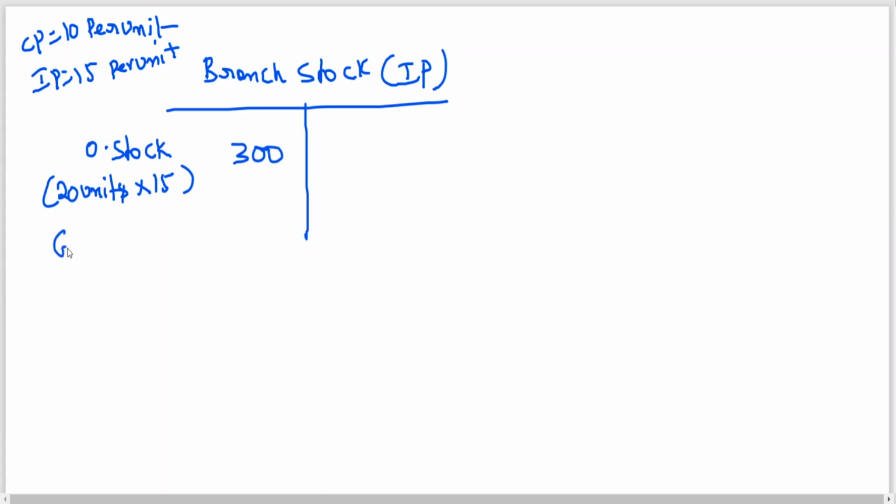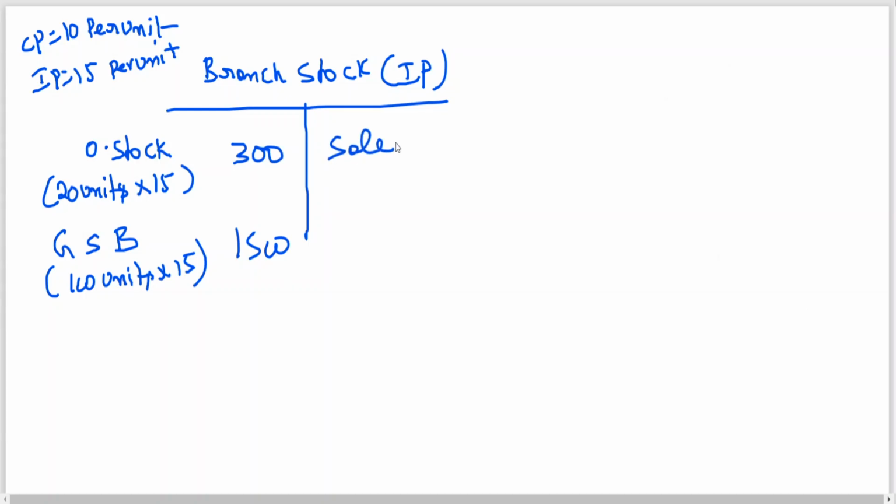Now goods sent to branch. Let us say 100 units into 15, 1500.